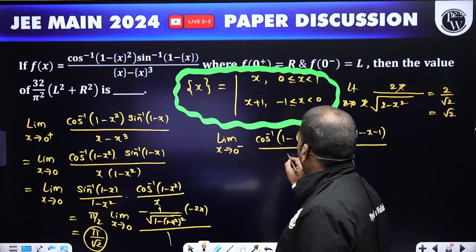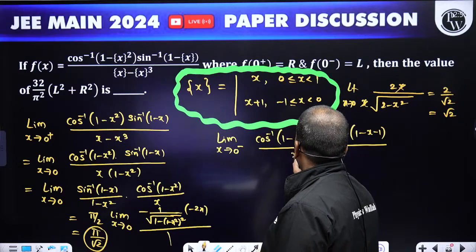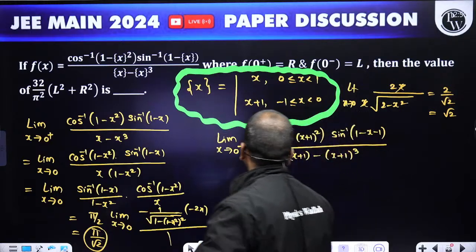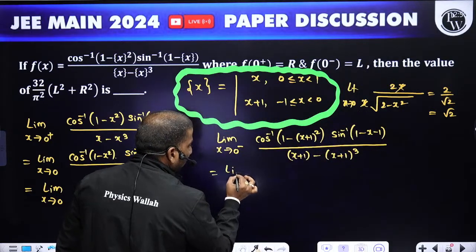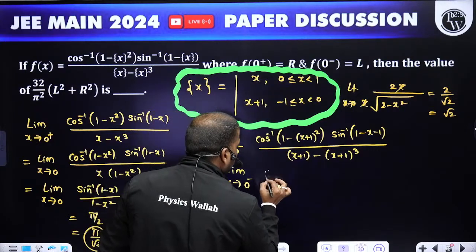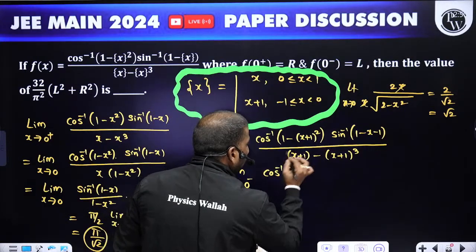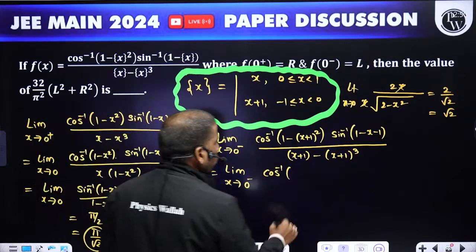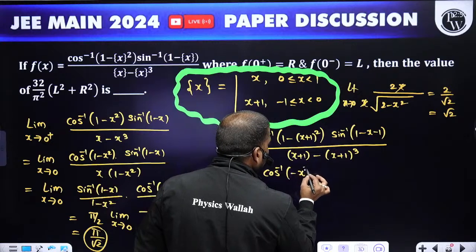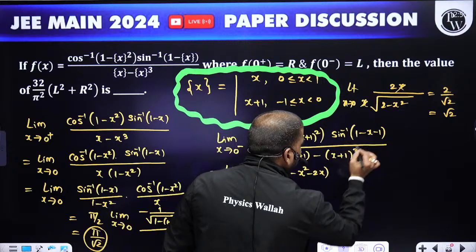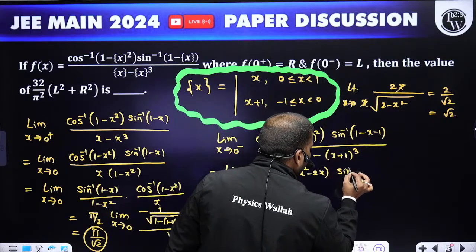Now this is x plus 1 minus x plus 1 whole cube. So that's what it is. Simplify carefully, just using definition and simplification of the limit. Cos inverse, you tell me, 1 minus of x plus 1 whole square. So 1 got cancelled. So this is minus x square minus 2x. Am I right? And 1 got cancelled. Sin inverse of minus x.